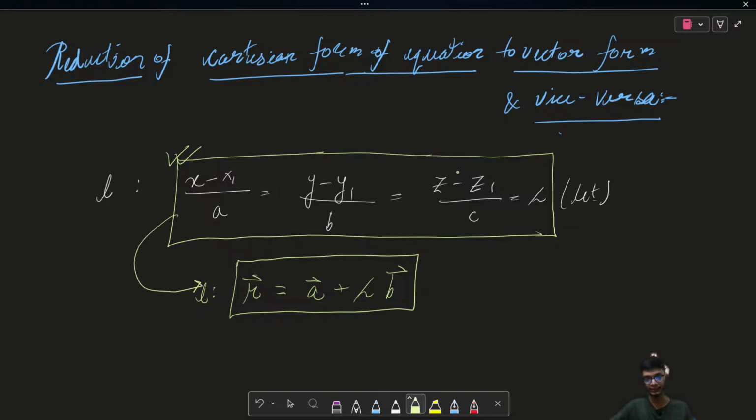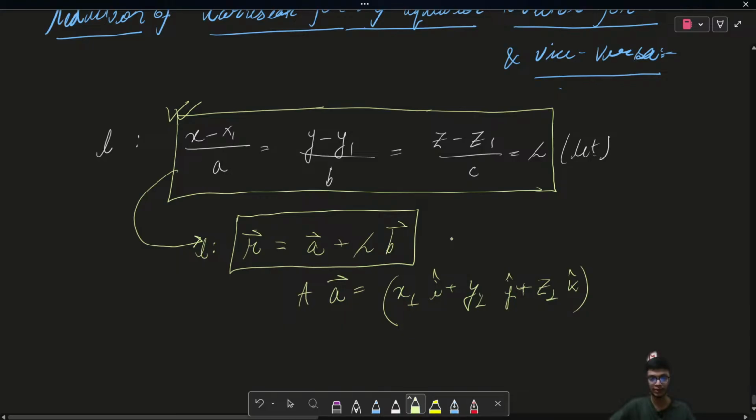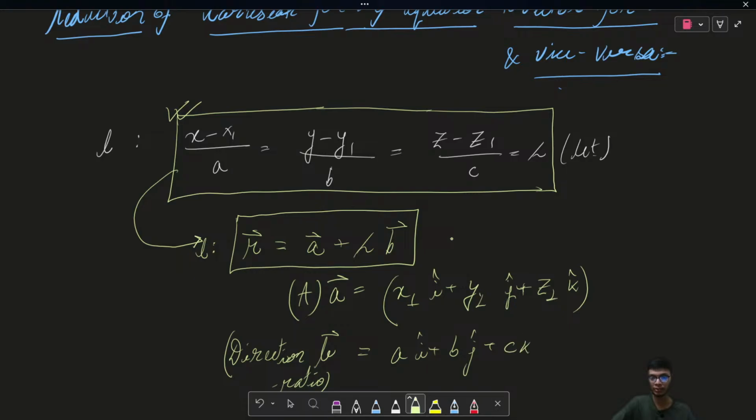That can be easily done, where the position vector of point A is given as x1 i cap plus y1 j cap plus z1 k cap. Similarly, the direction ratio vector of the line is given by b vector, which can be written as a i cap plus b j cap plus c k cap.